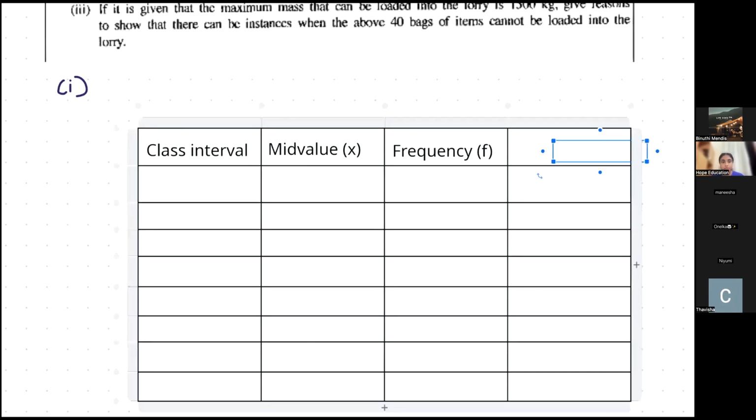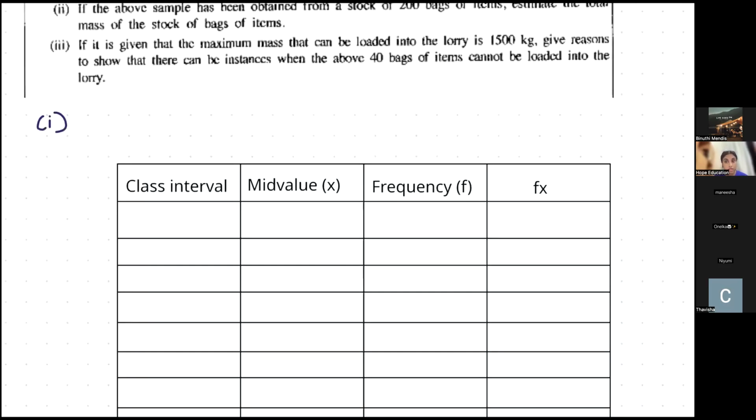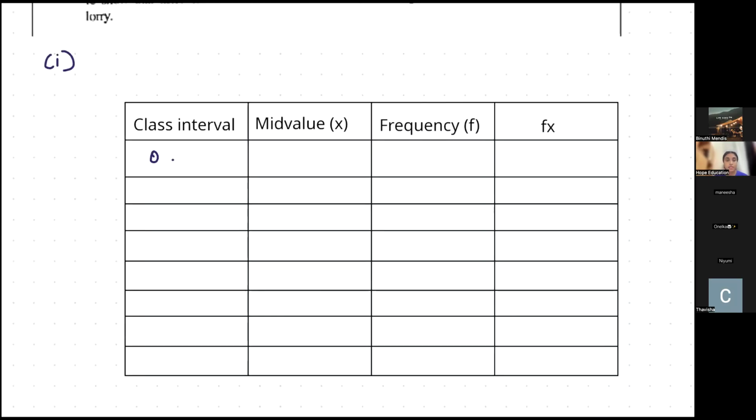Our class intervals are 0 to 10, 10 to 20, 20 to 30, 30 to 40, 40 to 50, 50 to 60, and 60 to 70.